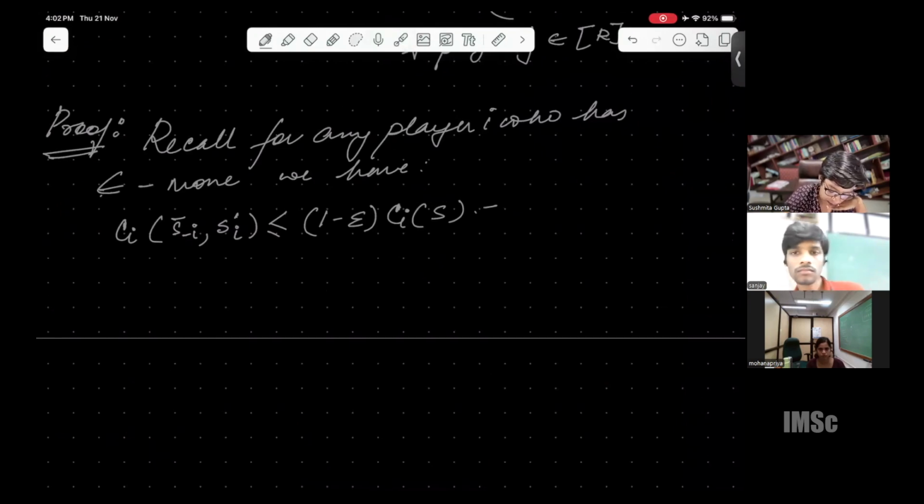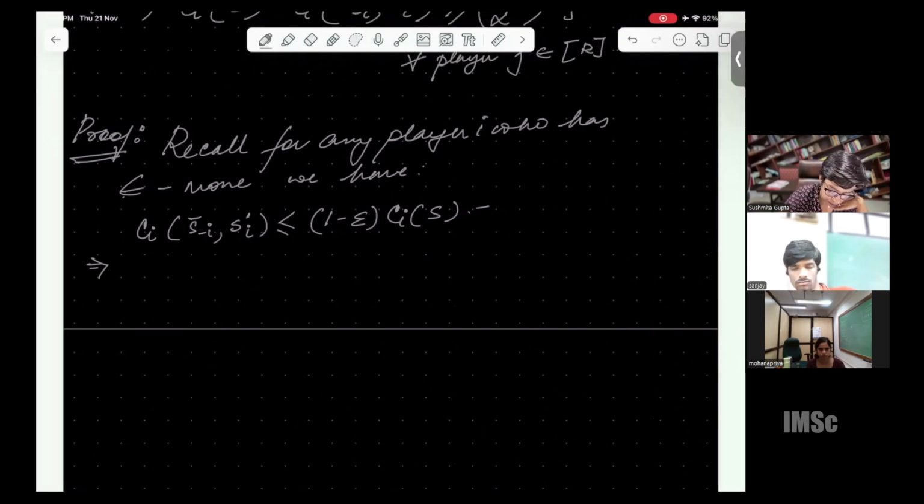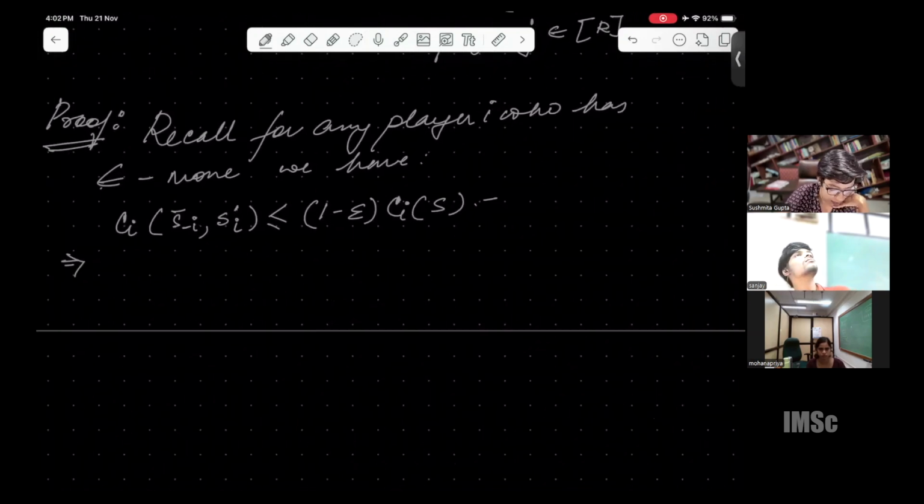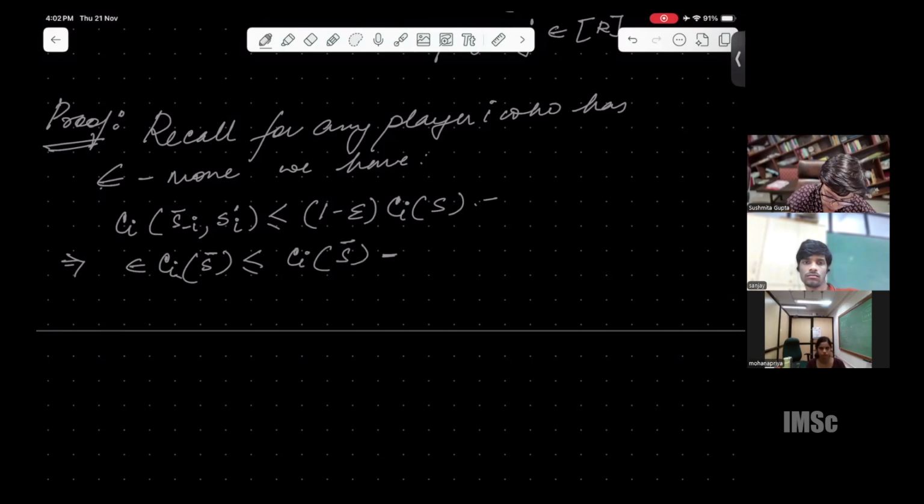This implies that if I open this bracket up, what does this imply? Please tell me. CI, I can take this thing from this one. Epsilon CI is less than or equal to CIS minus CI. Correct?